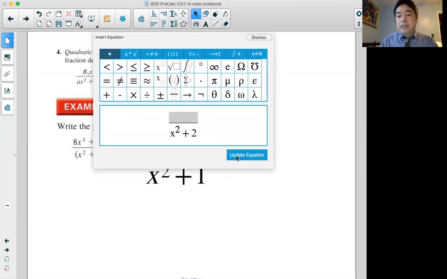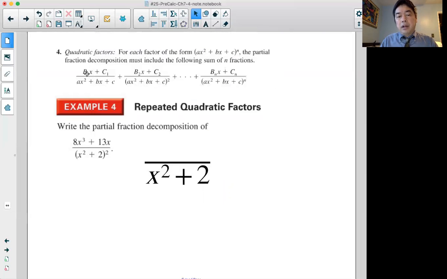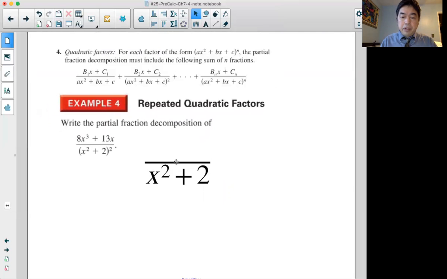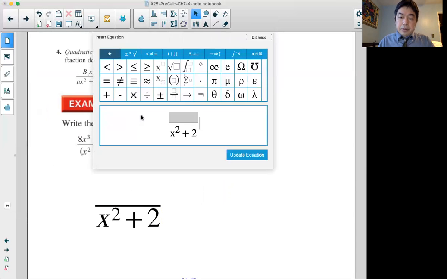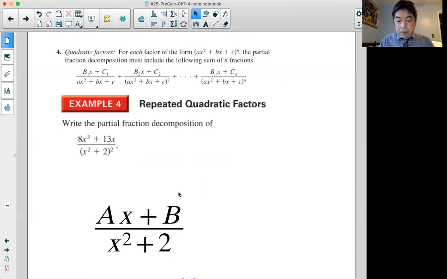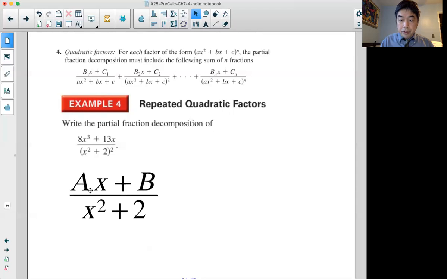The numerator comes in linear, so for the first one you have to write down a linear: Ax plus B. I didn't write down B and C because it's the first two numbers, right? So the first number is A, the second number is B.